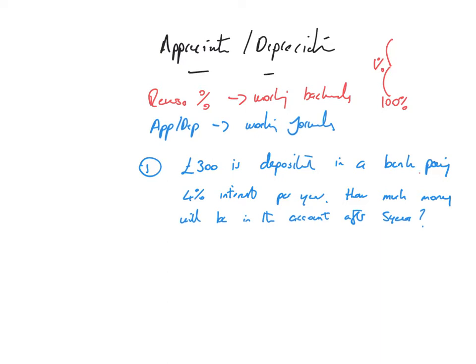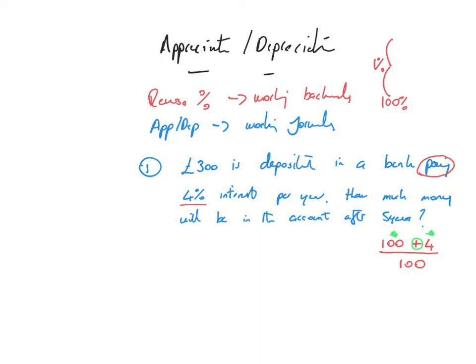If a bank pays you 4%, that means we start with 100% and you get another 4%. So we start with 100% of our money. Our money then grows, so it adds, and it grows by 4%.